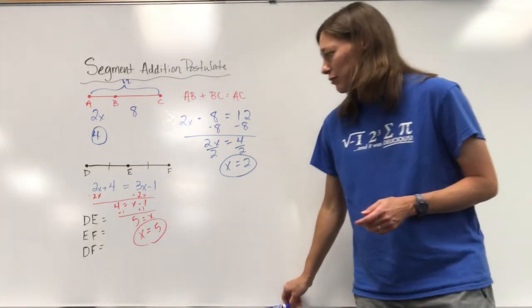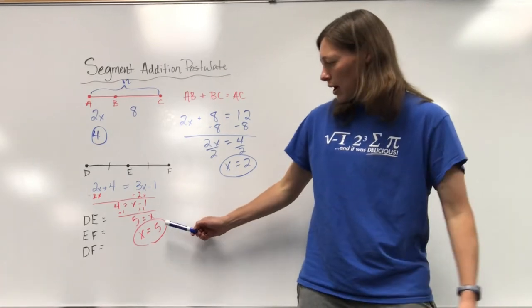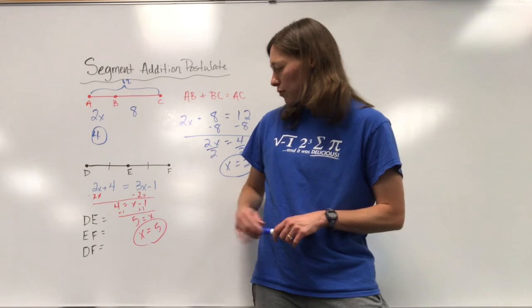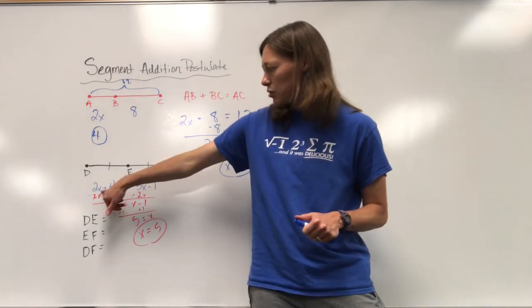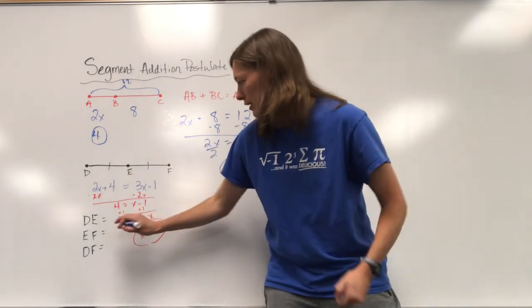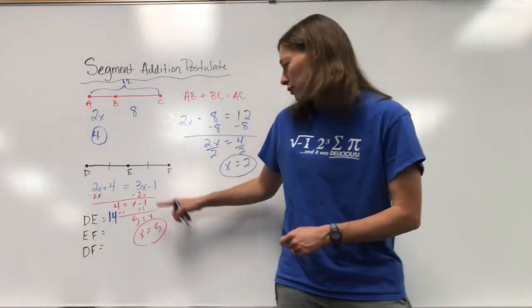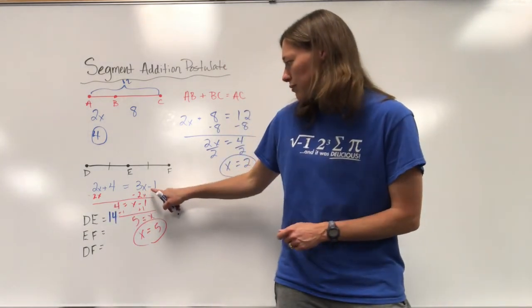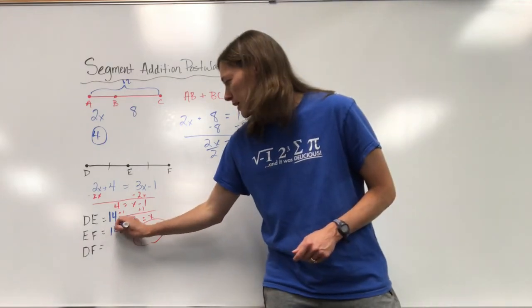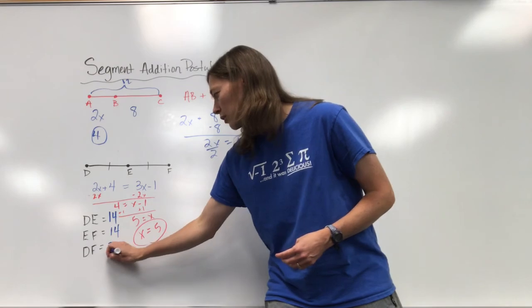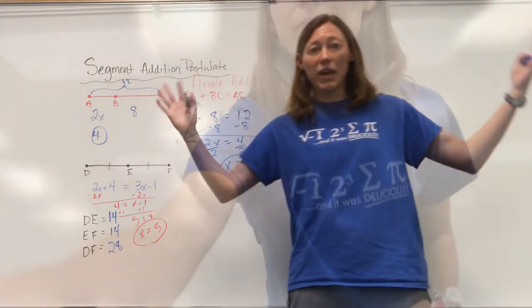I kind of ran out of space, but if x equals 5, I'm going to plug 5 back into here, the 2x plus 4. So 5 times 2 is 10, plus 4 is 14. So DE is 14. For EF, I'm going to take 3 times 5, which is 15, minus 1, 14. And then DF would be the whole thing, so 14 plus 14, or 28. And there we have it.